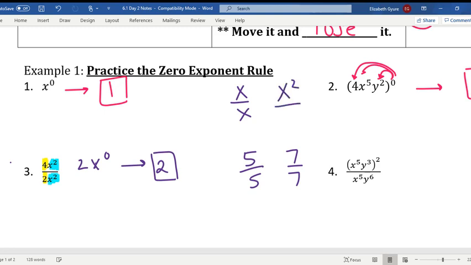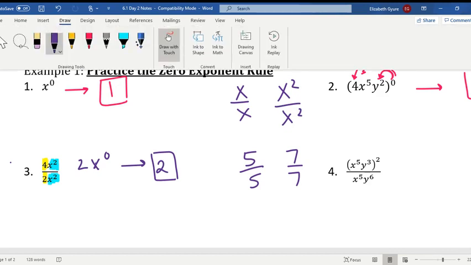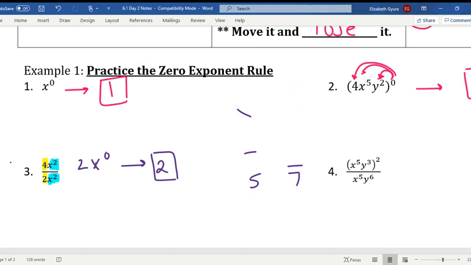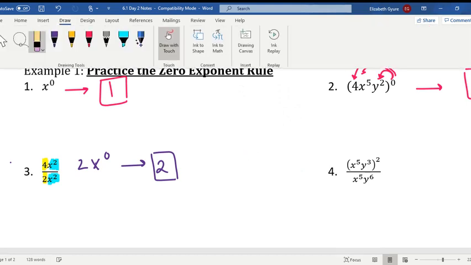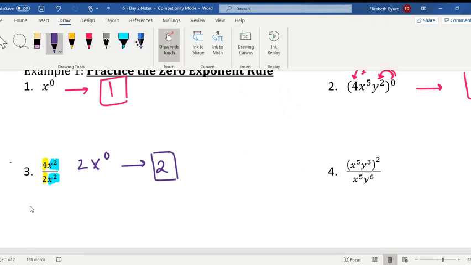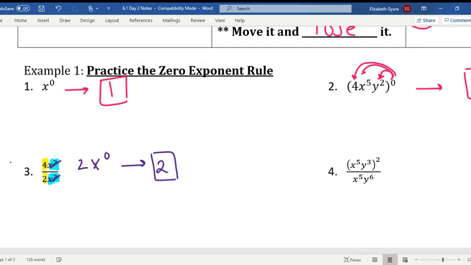What do you think x squared over x squared is? Still 1. So if you see things that match on the top and the bottom of a fraction, you can almost just think of it like they cancel out. Okay? So that's another way to do this if you don't like the way we just did it. If you take a look, don't you have an x squared on the top and the bottom of this fraction? Do we see that? Okay, so we can actually just cancel them out and pretend like they're not there because they cancel.